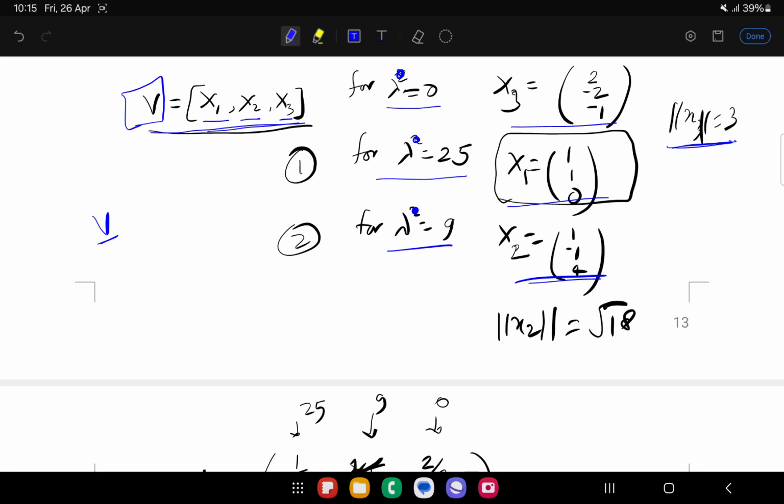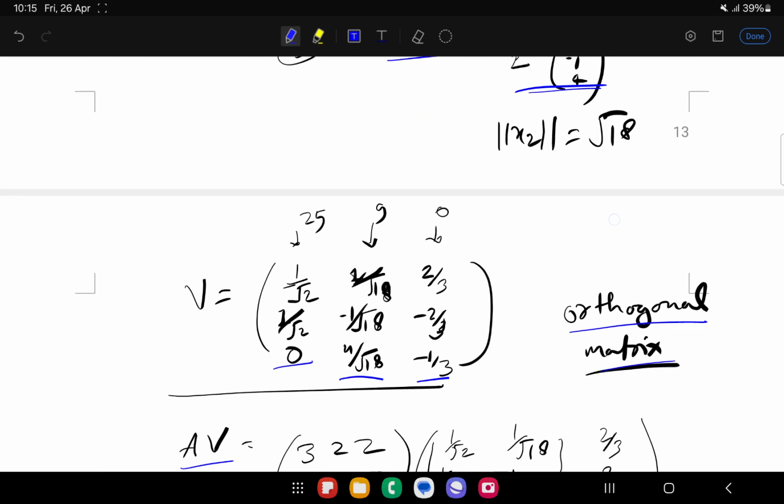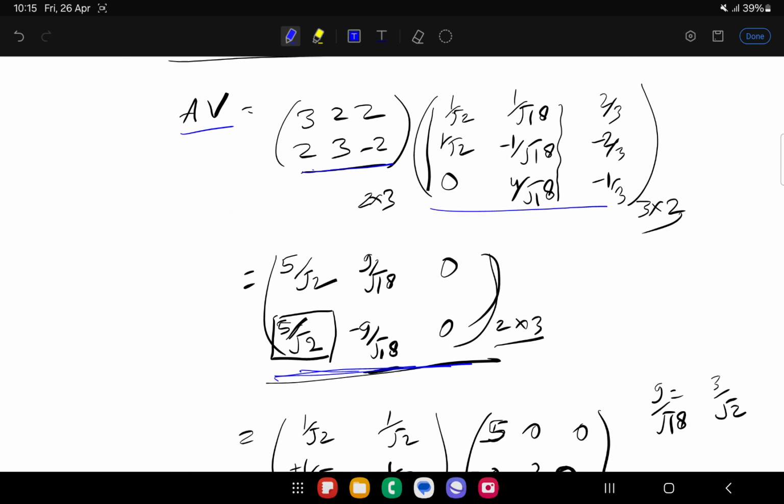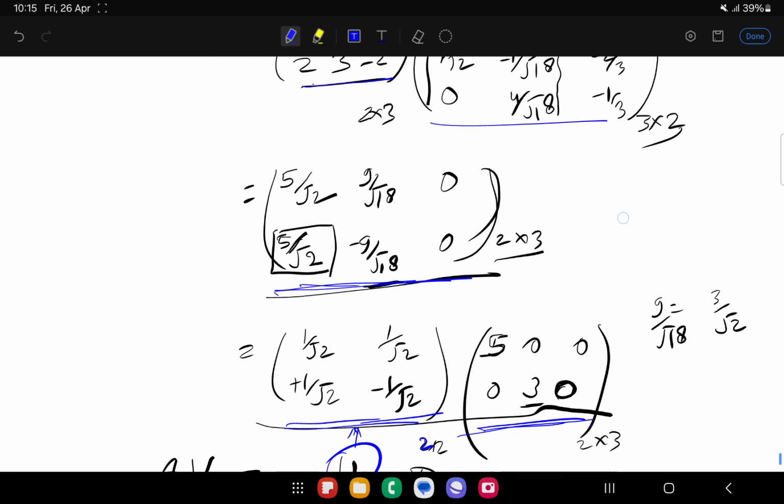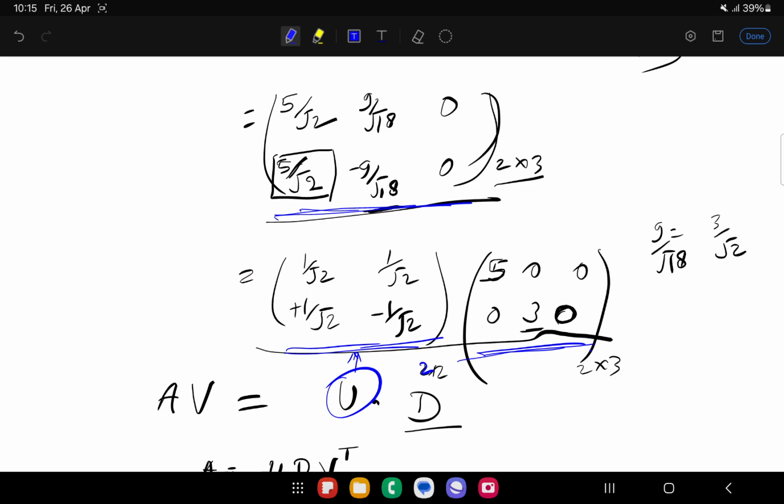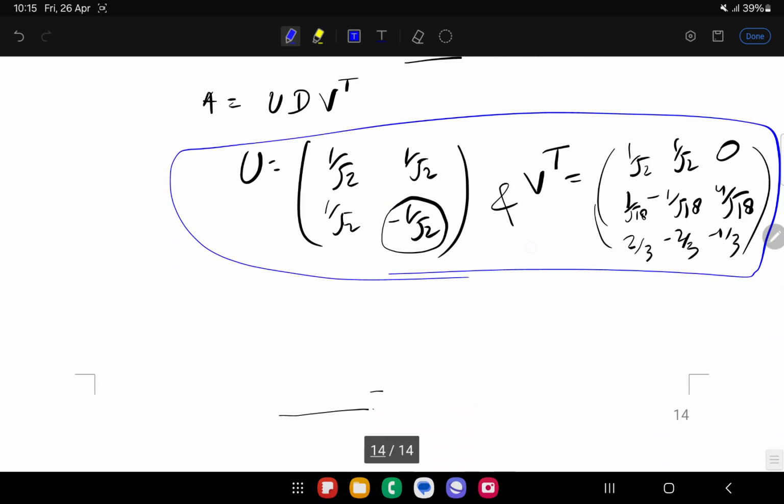So now your V has columns, each being the eigenvector you just calculated above for A star A. Now you have V, you have D, and you just want to calculate U. For that you write AV is equal to something into D, and that something is coming by simple observation. That is your U.